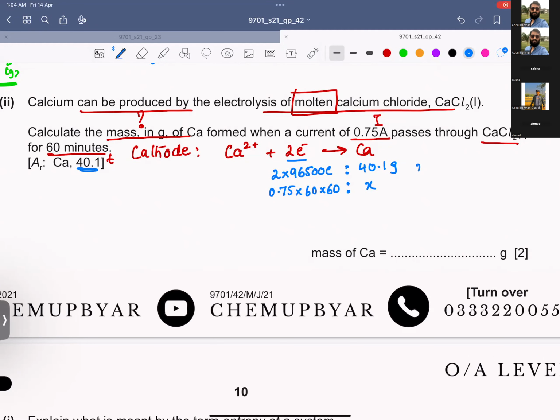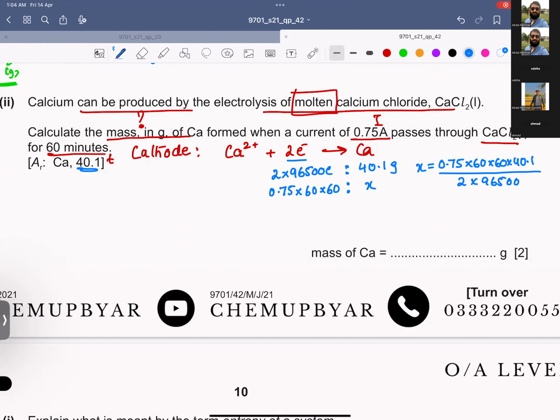So if I calculate the X, it would be 0.75 into 60 into 60 into 40.1 divided by 2 times 96500.